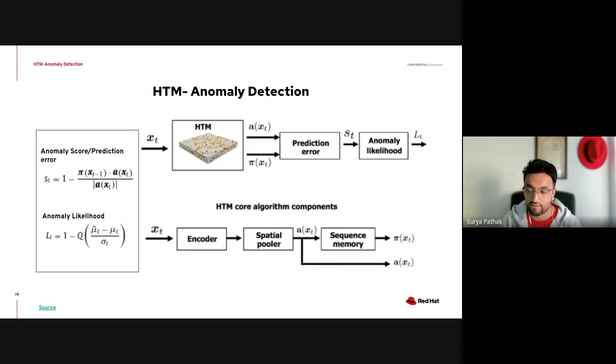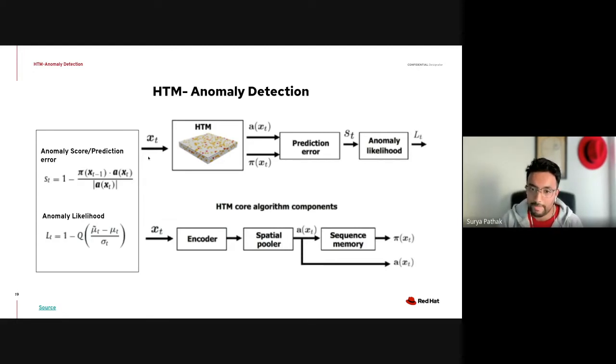That is the definition. But prediction error or anomaly score is not the standard for detecting anomaly. It is actually the anomaly likelihood, which is calculated by modeling the distribution of error values over a window of timestamps from the past.